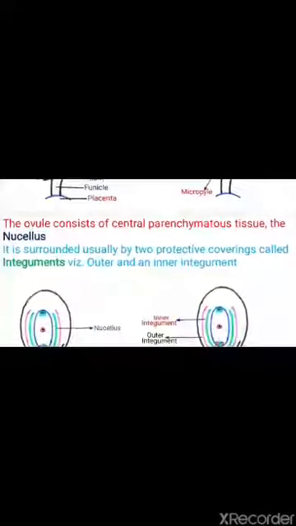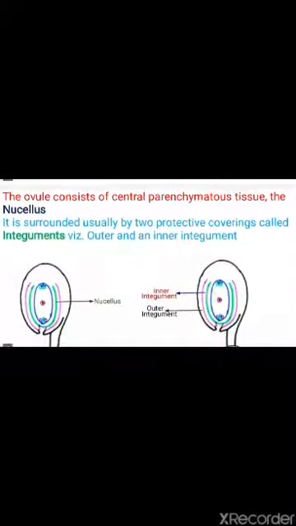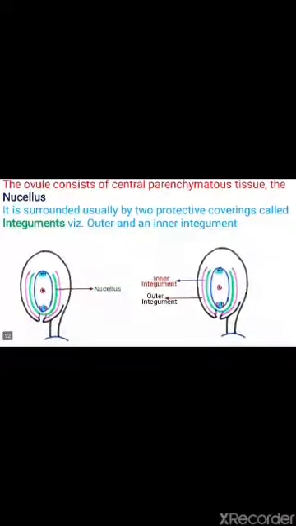Sorry, the ovule consists of a central parenchymatous tissue, and that tissue is called the nucellus. So the nucellus is nothing but a parenchymatous tissue. Then this nucellus gets surrounded by the two protective coverings called integument, outer integument and inner integument.